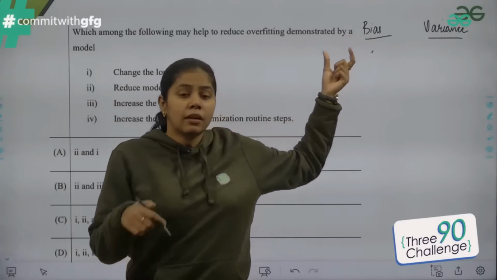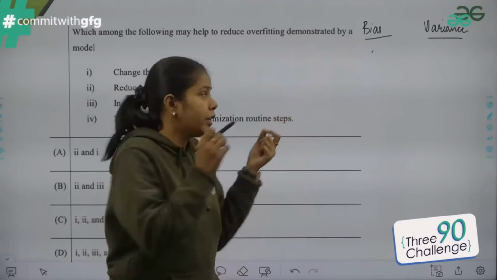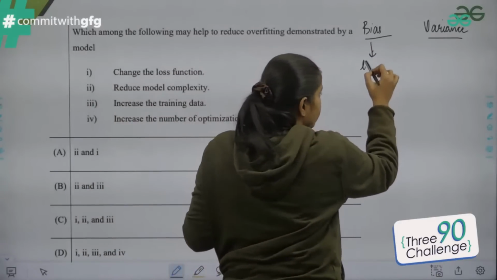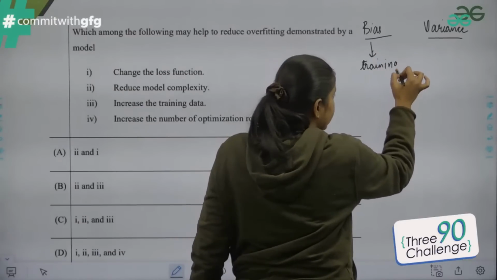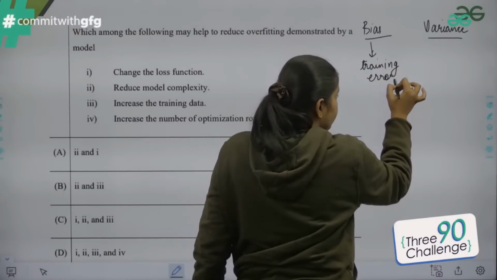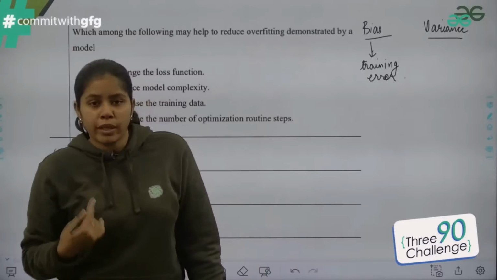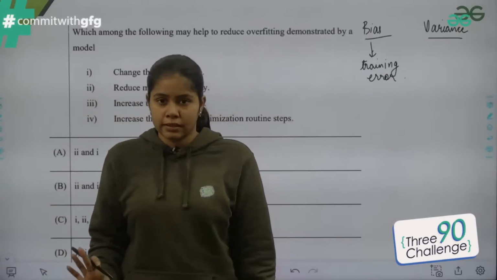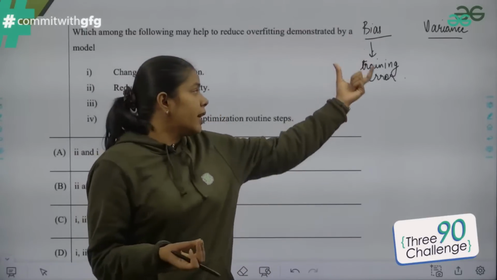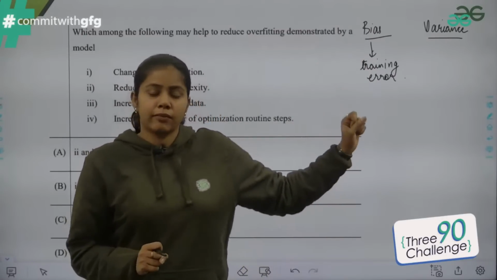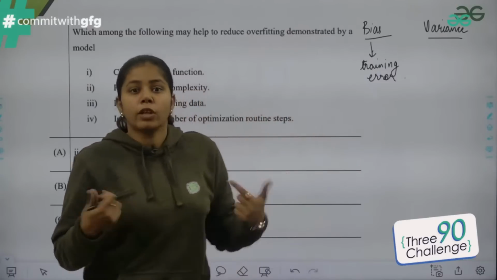Bias means that we are getting training error. If I say high bias, it means high training error. That means our model is not performing well on our training data set, so I haven't modeled correctly, and that's why I am getting so much training error, which we call bias. What is variance?